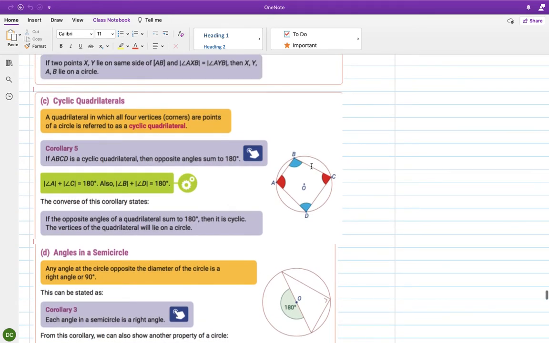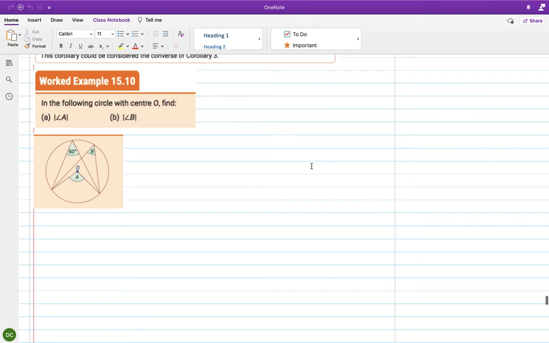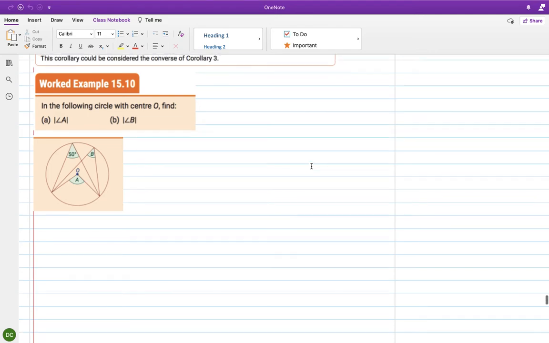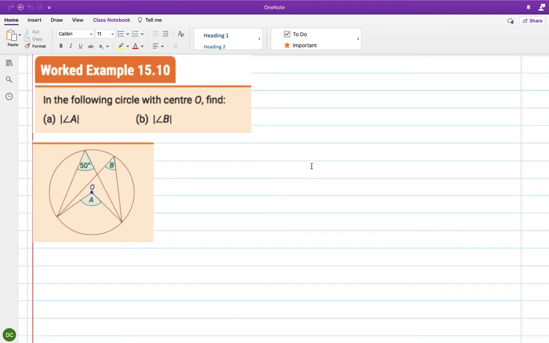It leaves us with 2 more to do on Monday. So we'll have a quick look at maybe 2 questions just to show you. In the following circle, with center O, find angle A. So angle A, I'm going to highlight my arc. There's my arc.